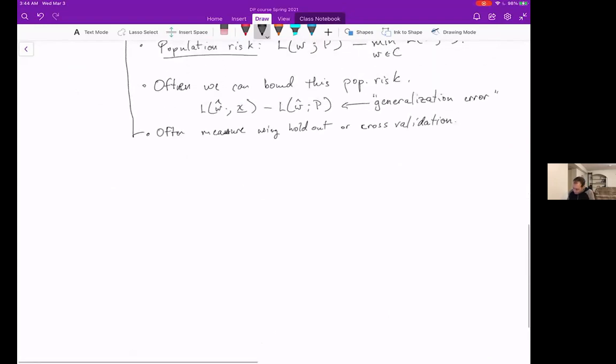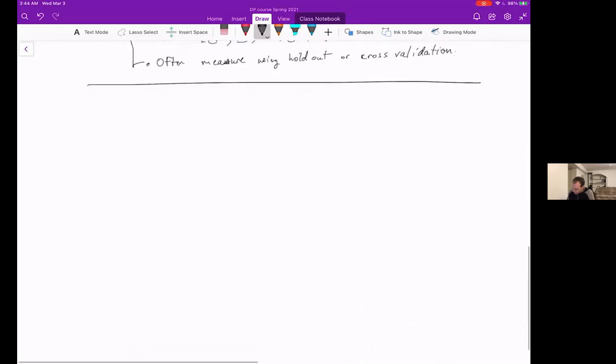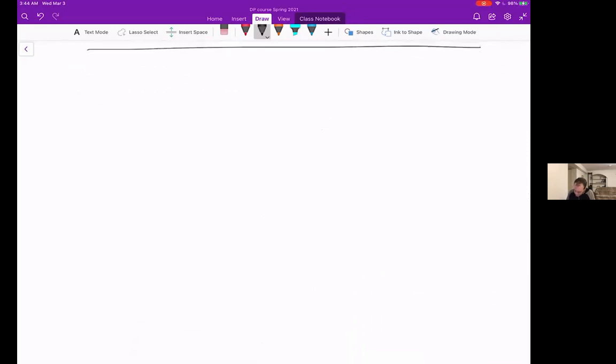Might be useful to go through just a few more examples. So another example that's instructive is what are called support vector machines. Here the idea is you're trying to classify points.